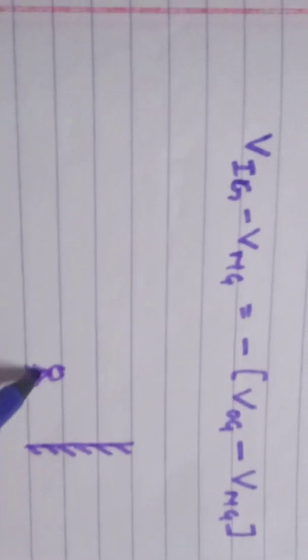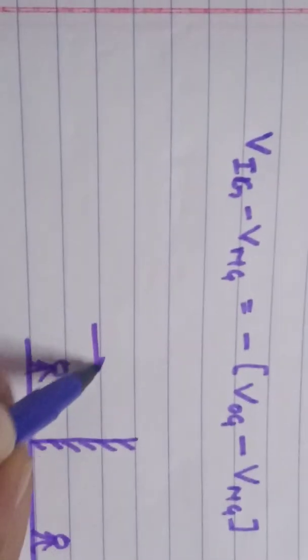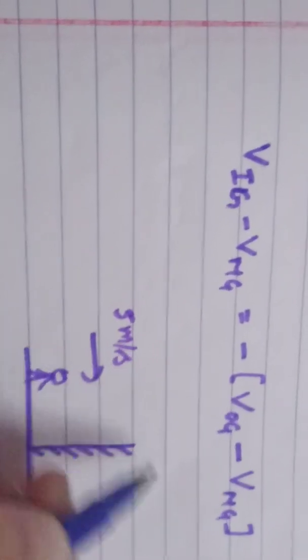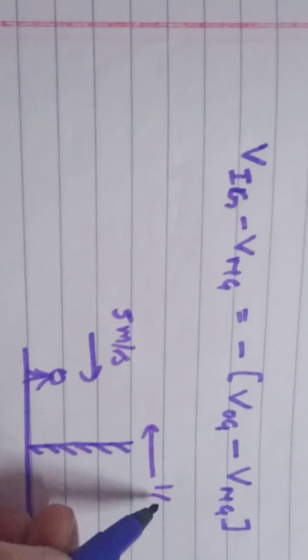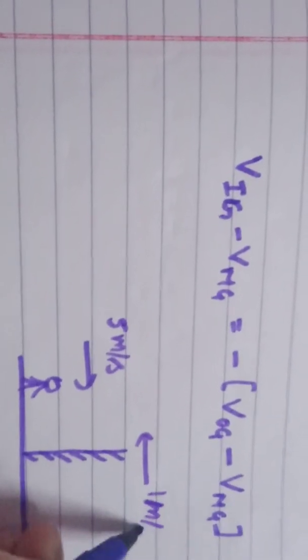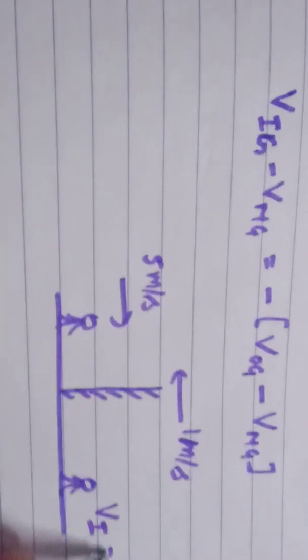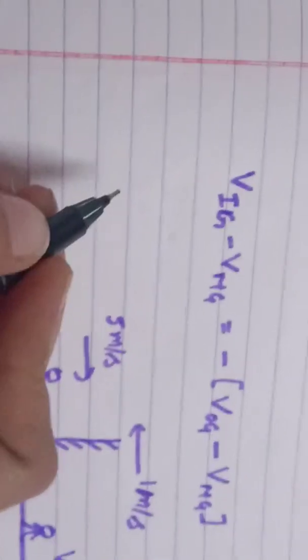There is a mirror, it is the man and its image. The man is moving towards the mirror with a speed of 5 meter per second and the mirror is moving towards the man with a speed of 5 meter per second. So what is the velocity of image? We put the values in the formula.